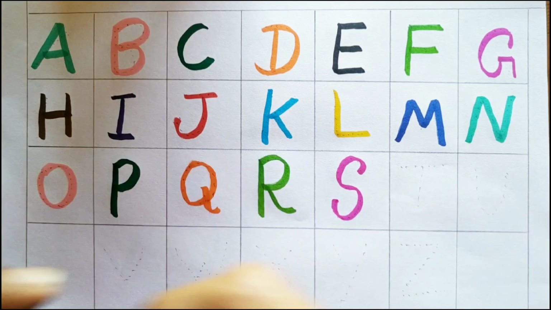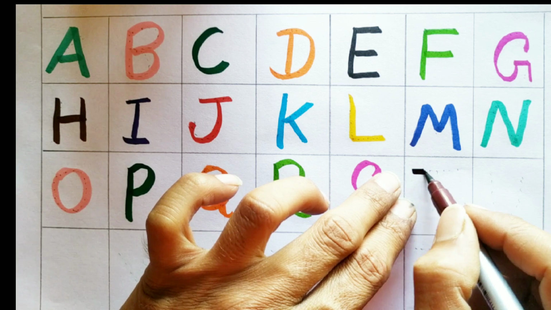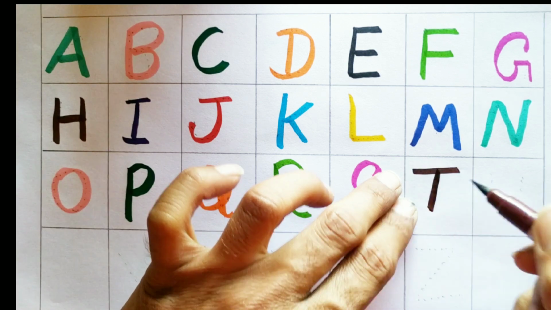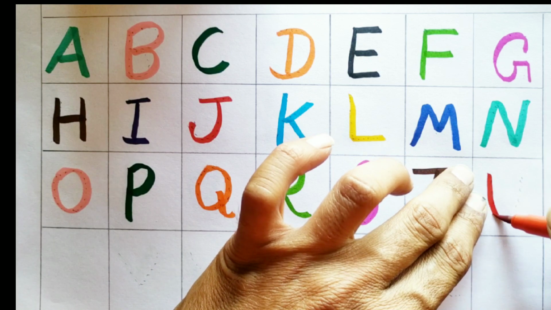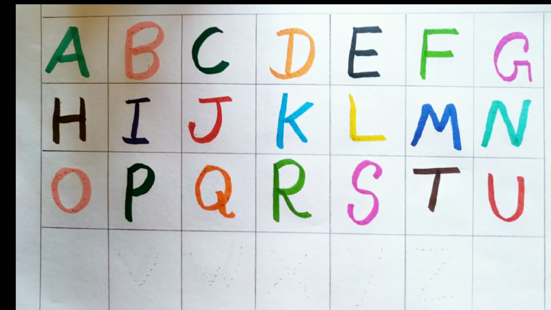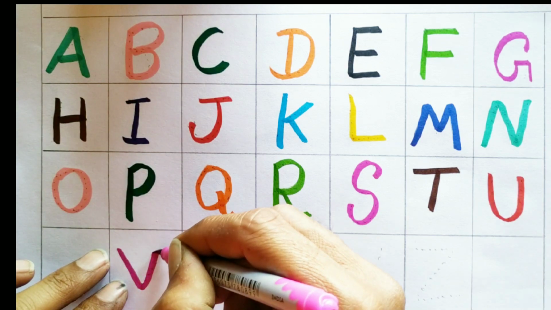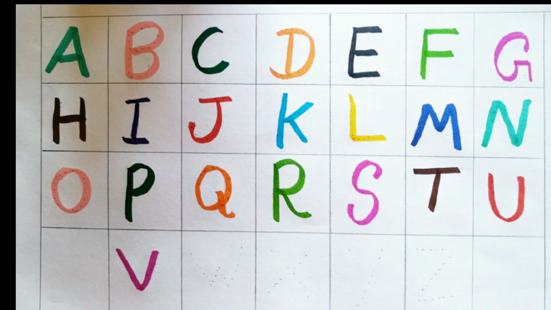S. S for sheep. T. T for toy. U. U for umbrella. V. V for van.